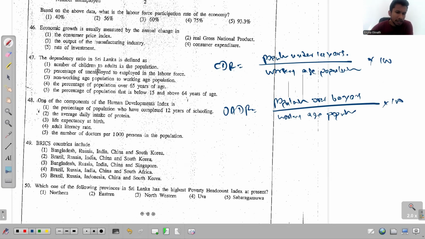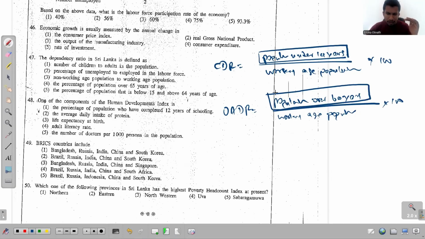The dependency ratio in Sri Lanka is defined as the number of children to adults in the population. No. Percentage of unemployed. No. We don't consider whether they are unemployed or employed. Non-working age population to working age population. 100% true. Then here, if you get the total of the population under 14 years and the population over 60 years, simply you can just recognize that as a non-working age population.